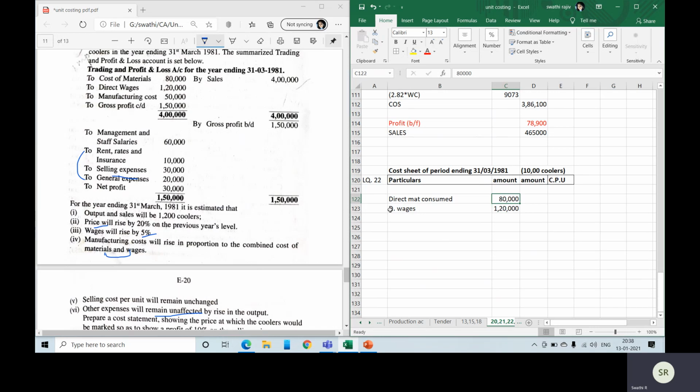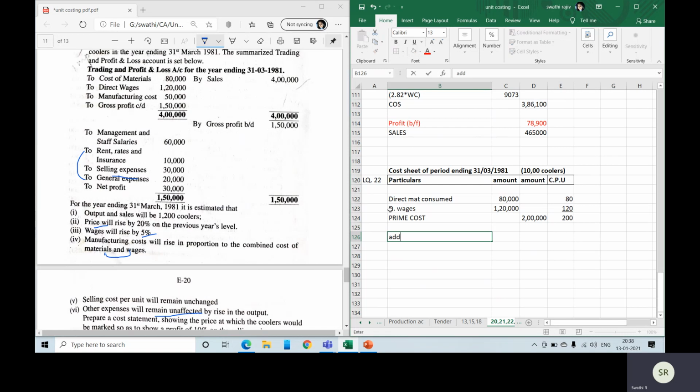And per unit will be how much, guys, for this? It will be divided by 1,000. 80. And similarly for this it will be 120. And this is going to be 200. And what is the 200? It's going to be our prime cost.